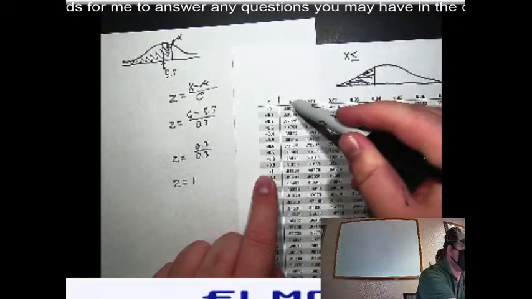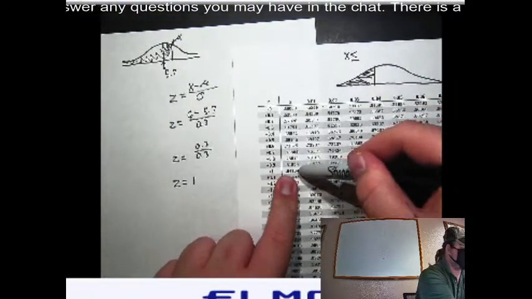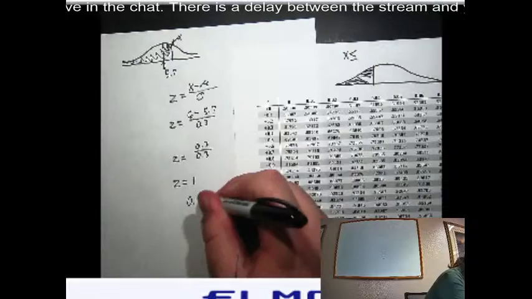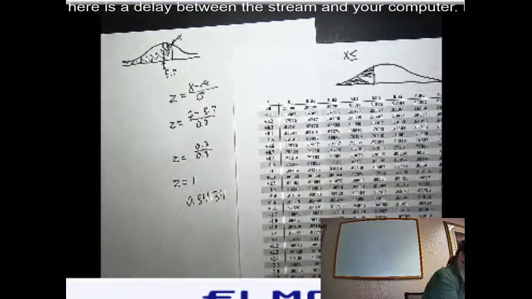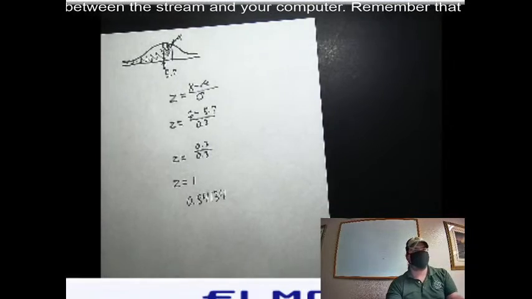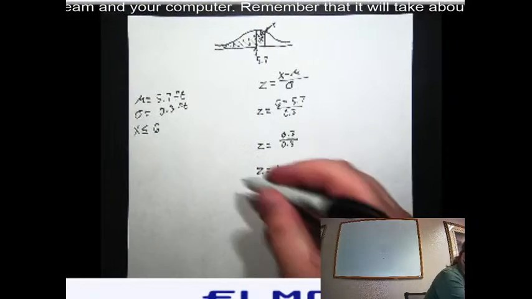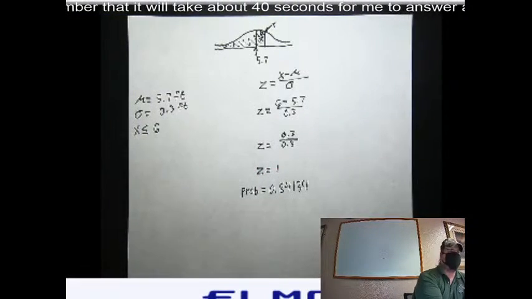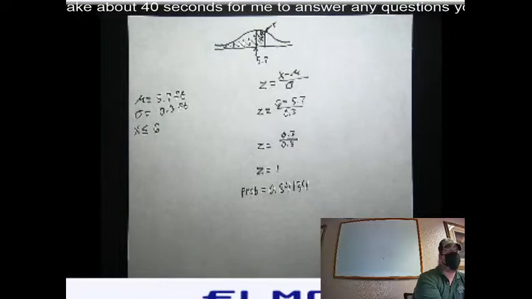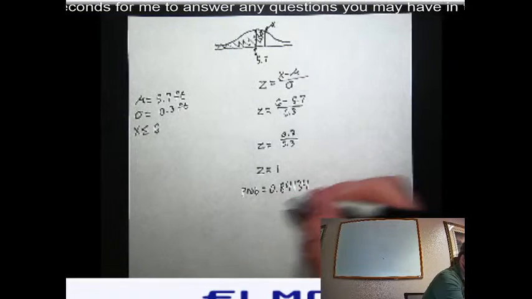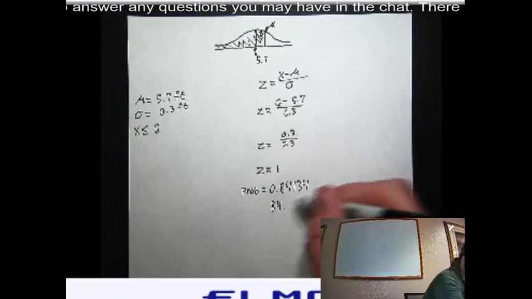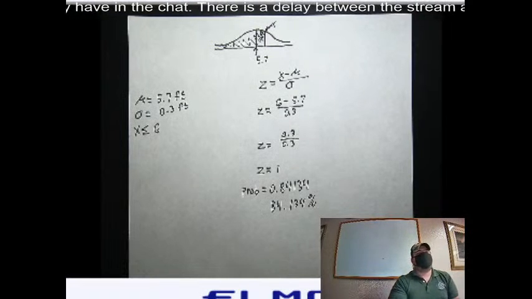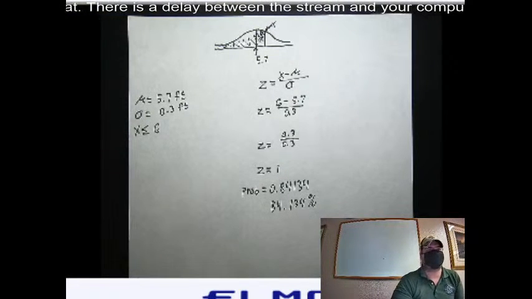So 1.0 intersects right here at 0.84134. Okay. So our probability is 0.84134, and as a percent, that is about 84 percent.